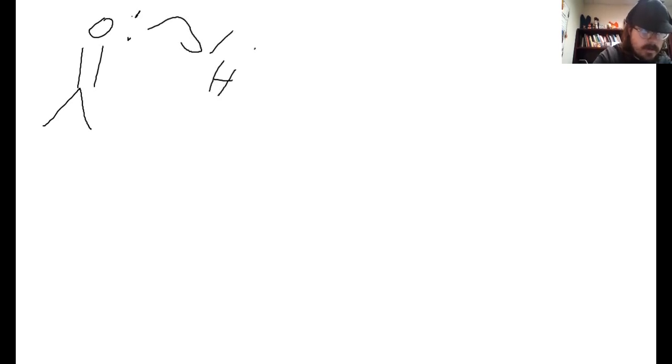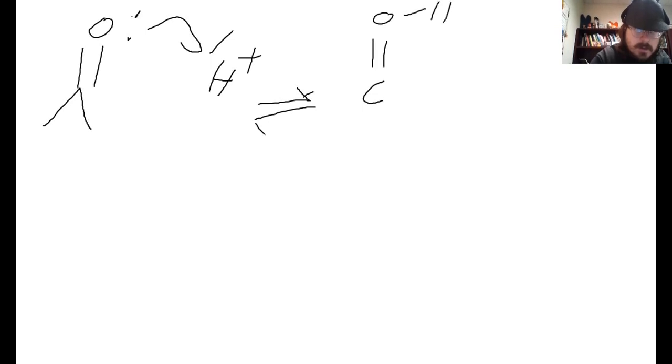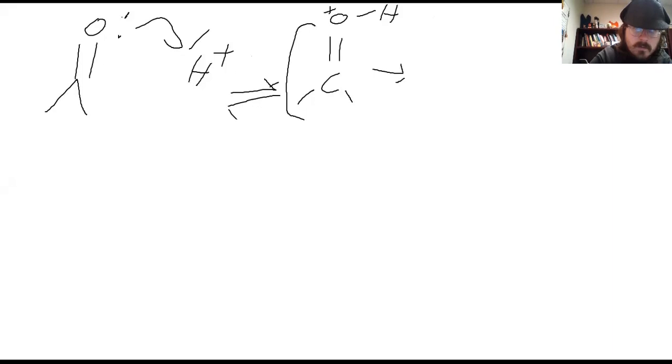Essentially what's happening, the actual mechanism: the lone pair first attacks the proton, forming R H plus. That intermediate can exchange for this intermediate.